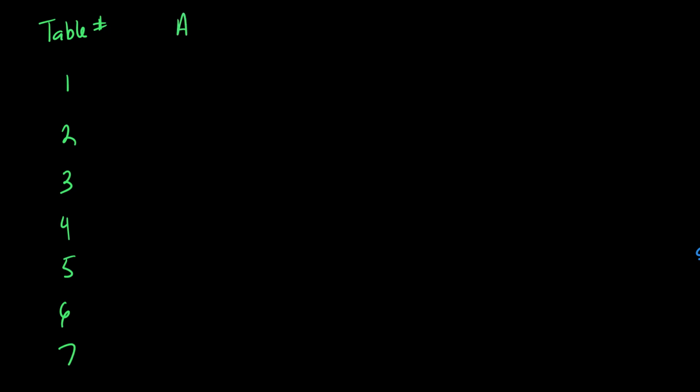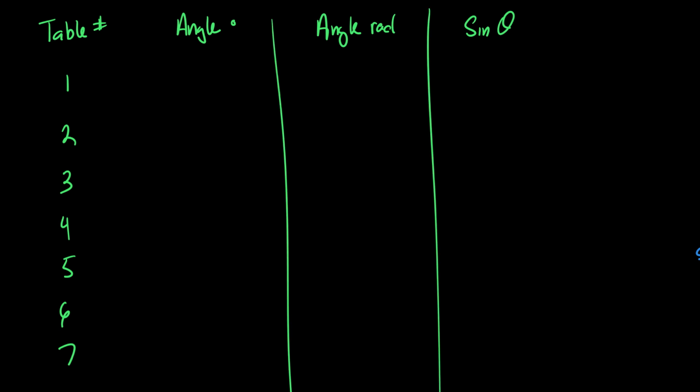Let's say angle in degrees, angle in radians, and the sine of our angle. Let's start with 2 degrees, 5 degrees, 10 degrees, 15 degrees, 25 degrees, 35 degrees, and 50 degrees.